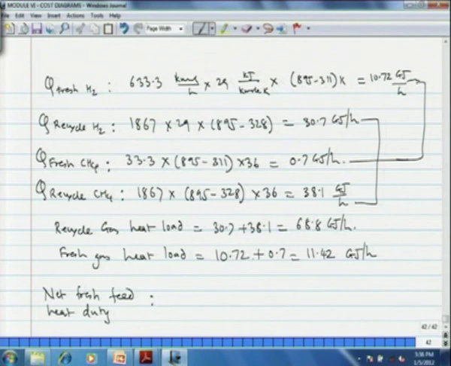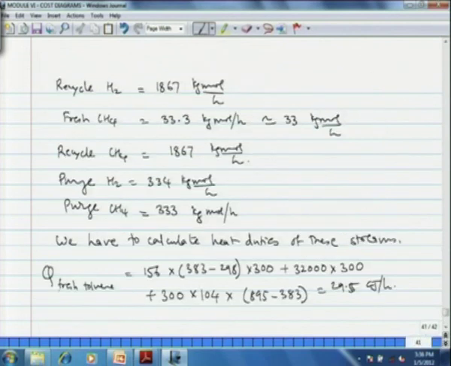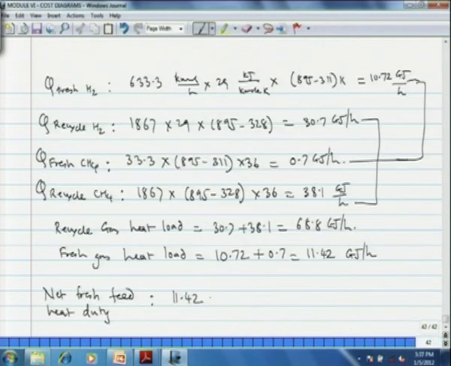We just calculated 11.42 plus fresh toluene, which we calculated as 29.55. So, that we add here, this turns out to be 40.97 gigajoule per hour. So, that is the net fresh feed heat duty.